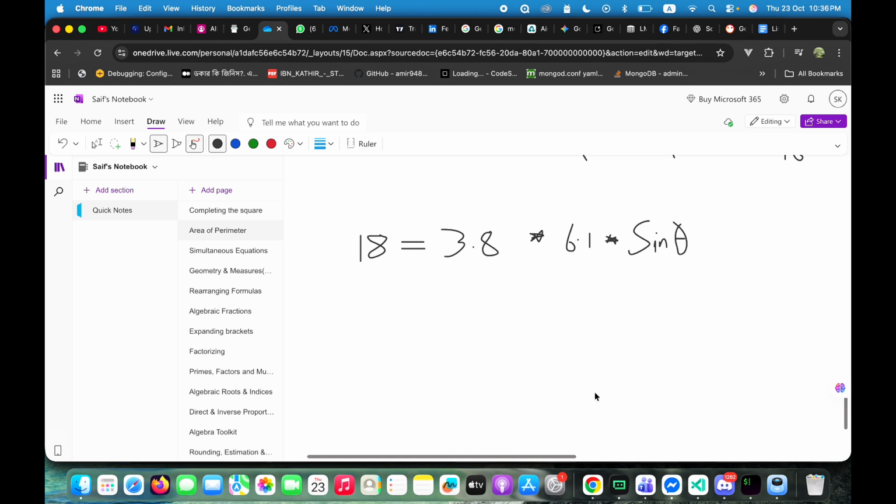If I do a basic calculation using a scientific calculator, I can find the value of theta. So sine theta is 18 divided by 3.8 multiplied by 6.1.